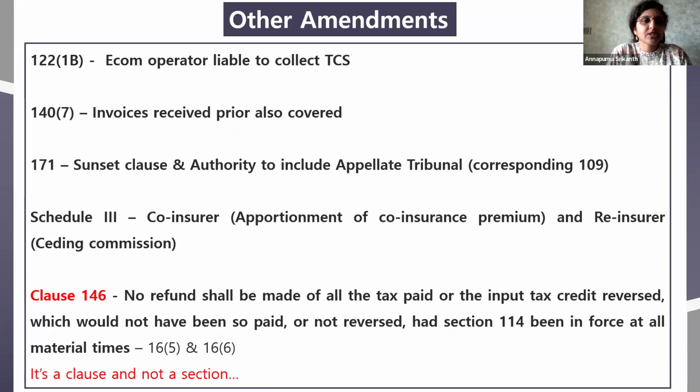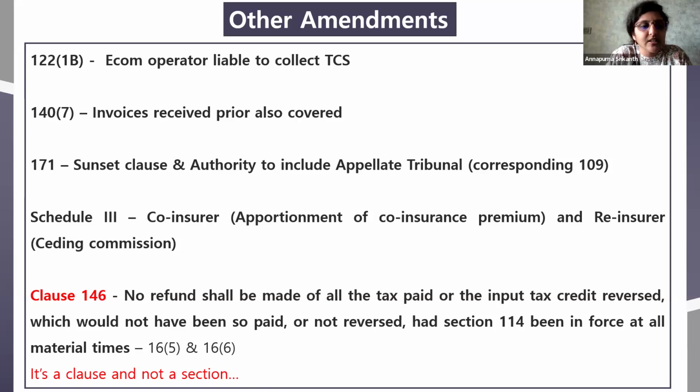And the penalty provision with respect to e-commerce operator, they've specified that the one who is liable to collect TCS, only to such an e-commerce operator this penalty would be applicable, for obvious reasons as well. Then with respect to the transitional provisions, invoices issued on or after the date was the provision, but they have now specifically mentioned that even if invoices were received prior, but all other conditions of this provision are fulfilled, even then the transitional credit would be available.